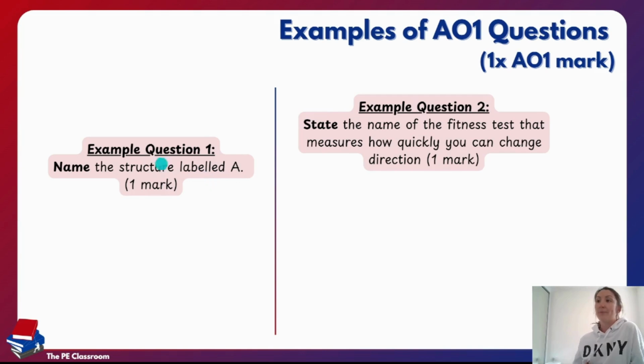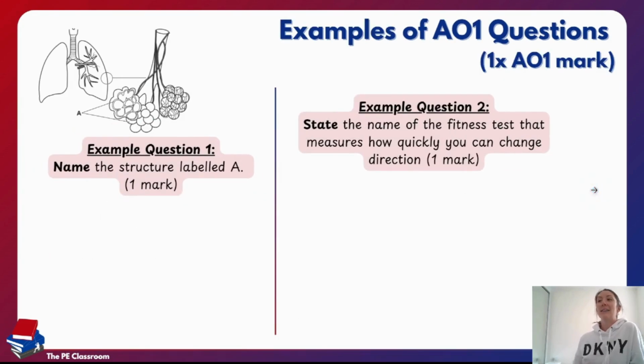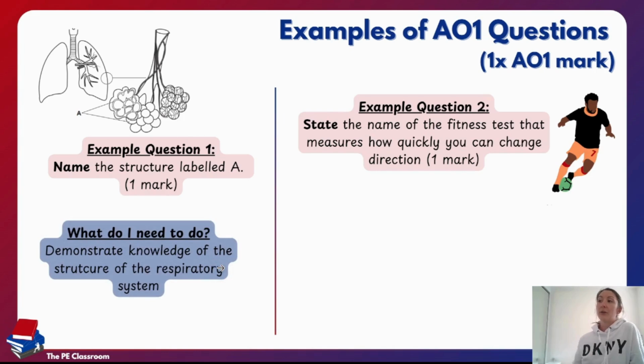So question 1, name the structure labelled A, and there it is. You can see it's to do with the respiratory system. You've got A there, and it's just simply asking you to name the structure. So answer 1 would be the alveoli. And then question number 2, state the name of the fitness test that measures how quickly you can change direction.